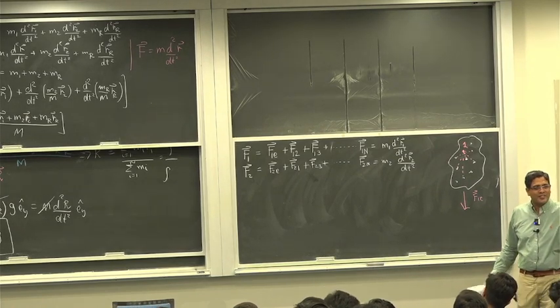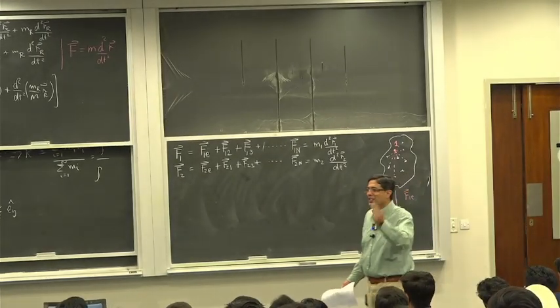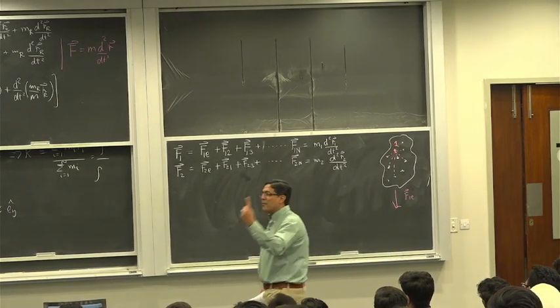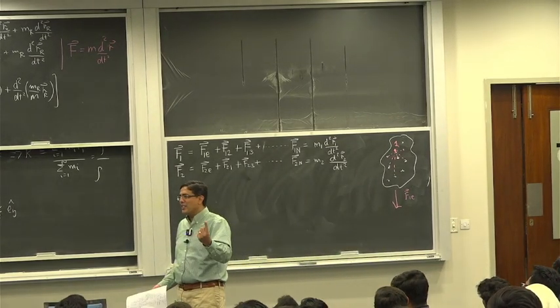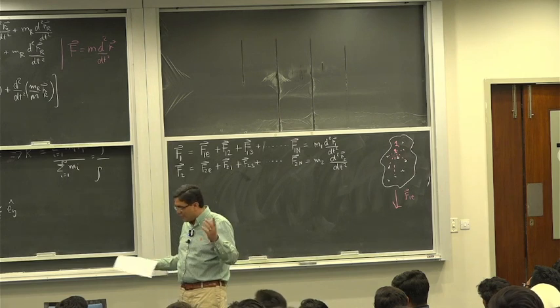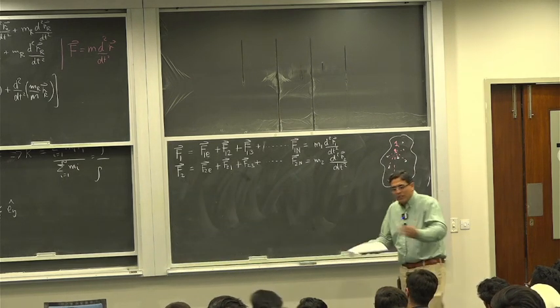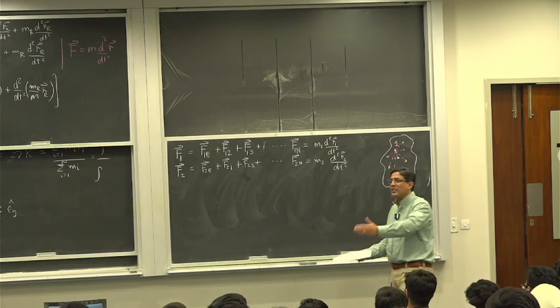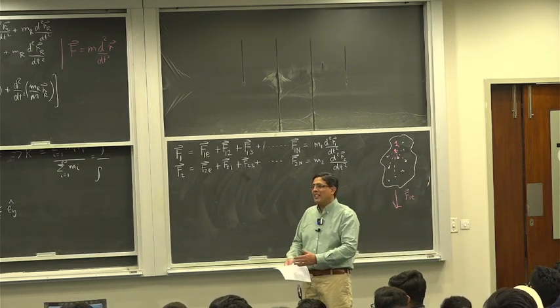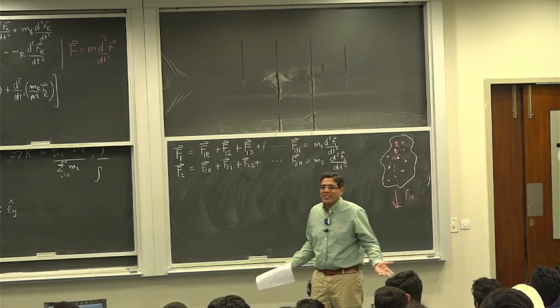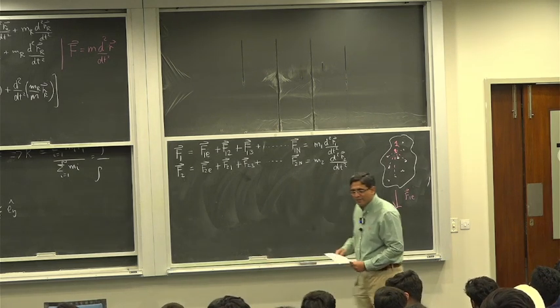For our purposes, there is no internal structure, and they are point particles of a certain mass which have a well-defined position vector. Is that clear? You can always go down to the next level, but as you do, the complexity increases.